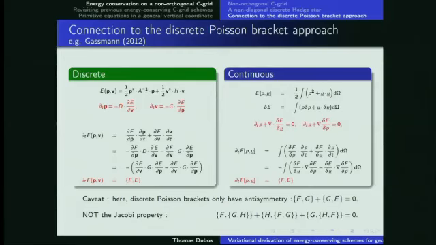So let's try if we can rely on something more systematic, and that's where the Poisson bracket comes along. So here, what we have been doing is we want to conserve this energy, and we have defined the flux, which is here, the mass flux, as the derivative of energy with respect to velocity.